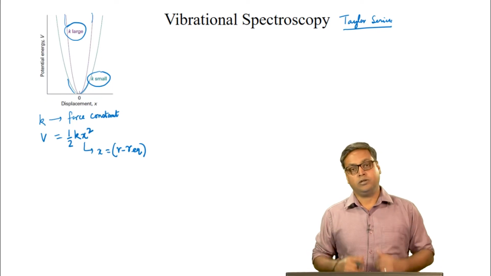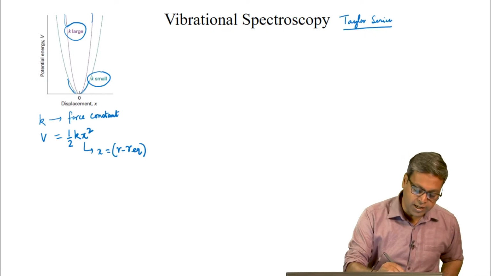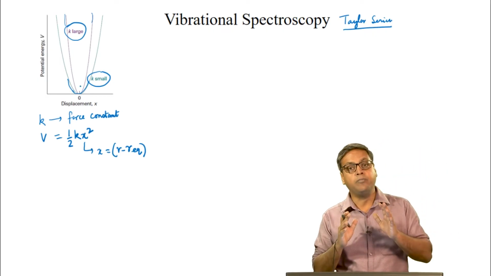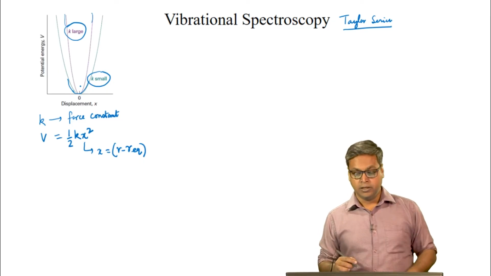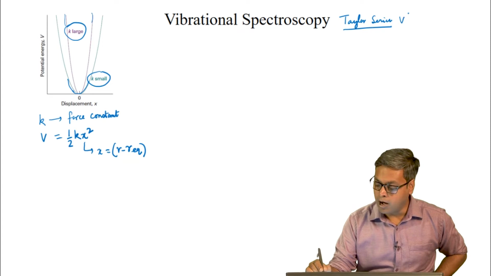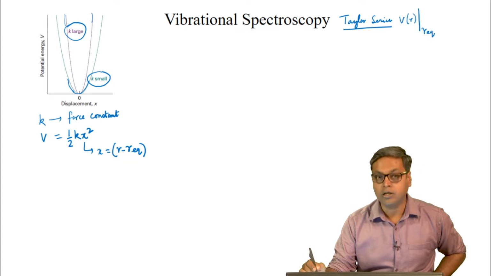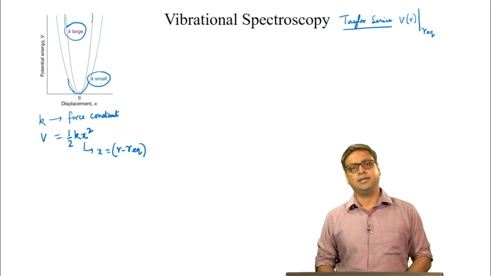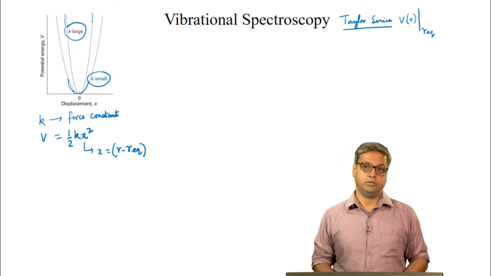As the minimum of the potential energy is found at the equilibrium bond length, we will be expanding this V of r around r equilibrium. The Taylor series is a series expansion of a function about a point.